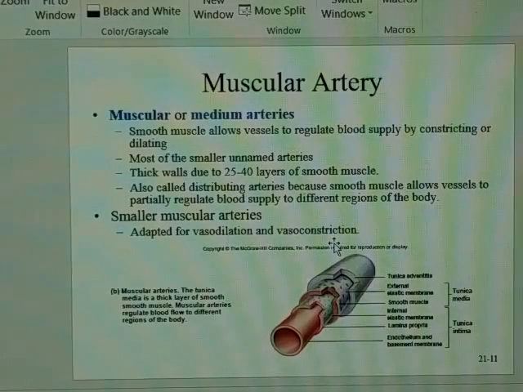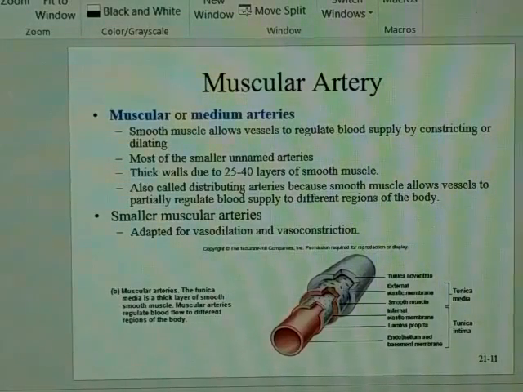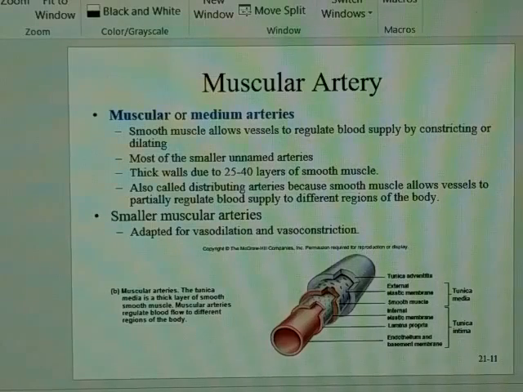In the muscular artery, we begin to have them move into what is termed the medium size. The smooth muscle that's going to be found in this artery will help regulate the blood supply. It will send it to the tissues of the body.